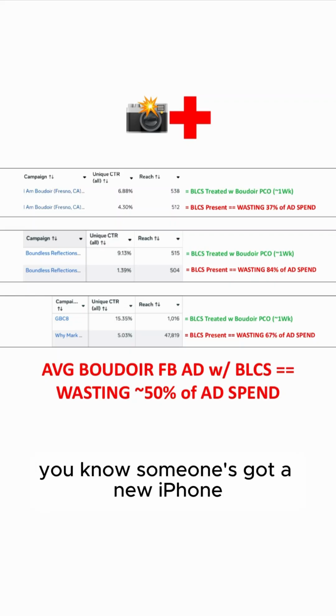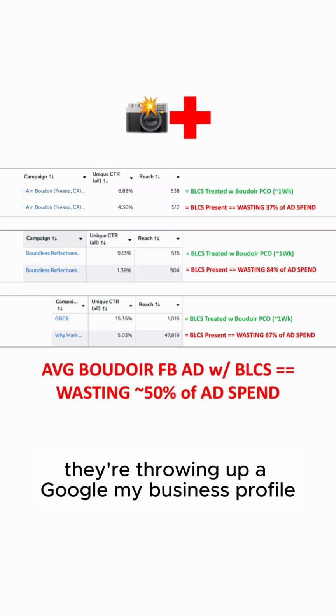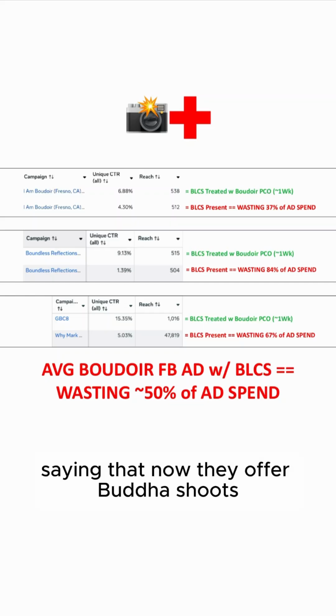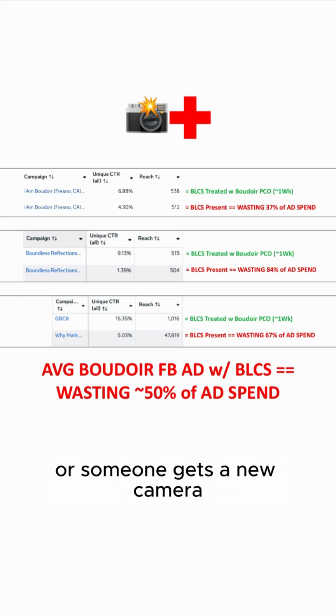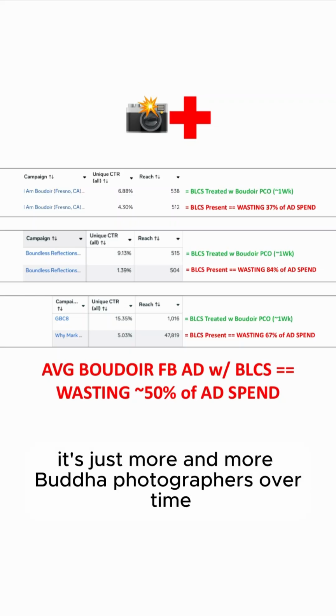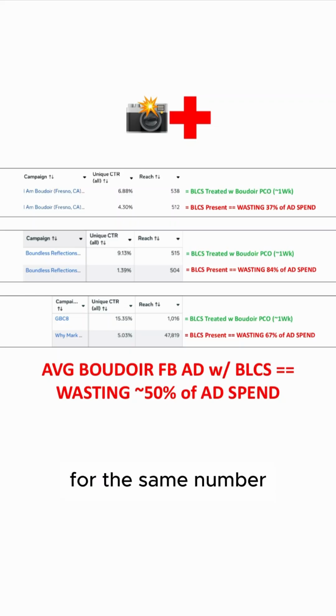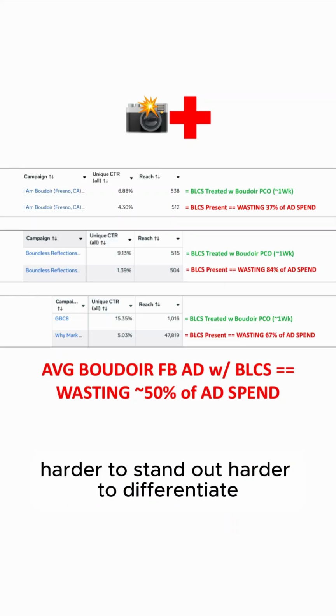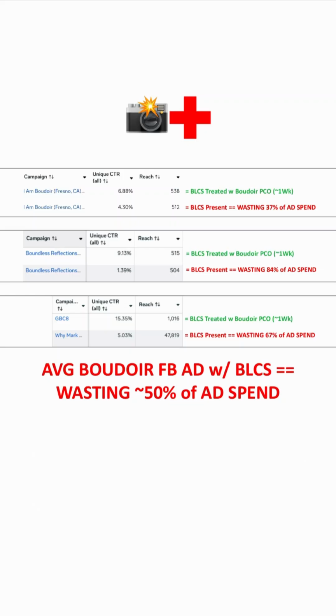Someone's got a new iPhone, they're throwing up a Google My Business profile saying they now offer boudoir shoots, or someone gets a new camera and now they're posting in the mom groups that they offer boudoir photo shoots. So it's more and more boudoir photographers over time competing over the same number of buyers, harder to stand out, harder to differentiate.